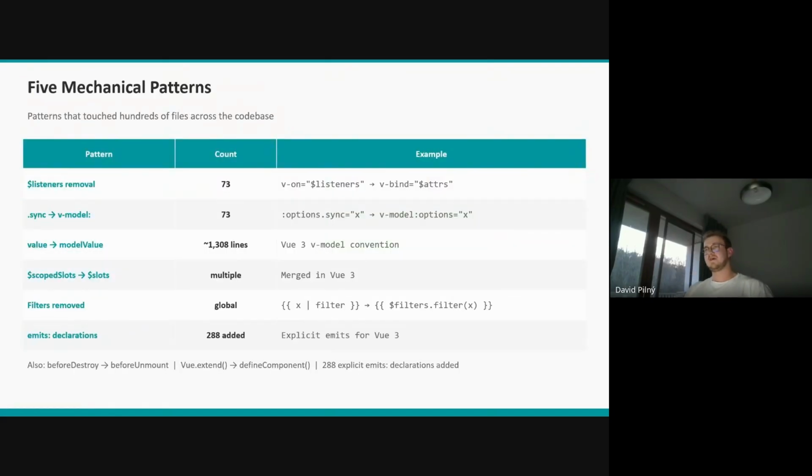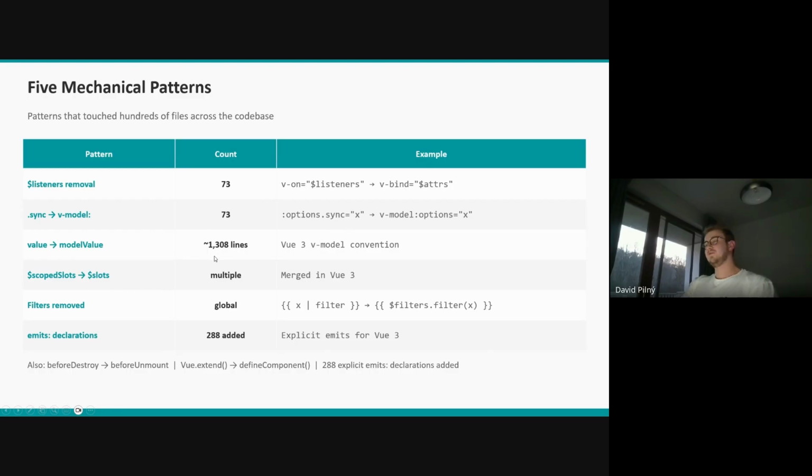And here are some five mechanical patterns that we touched in 100 files across the codebase. So we got rid of the listeners, which was in 73 places. We removed the sync pattern and replaced it with a Vue 3 compatible v-model.